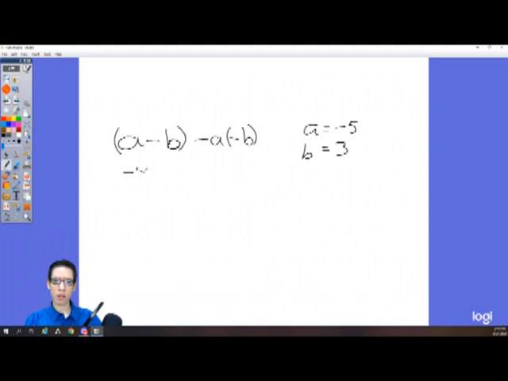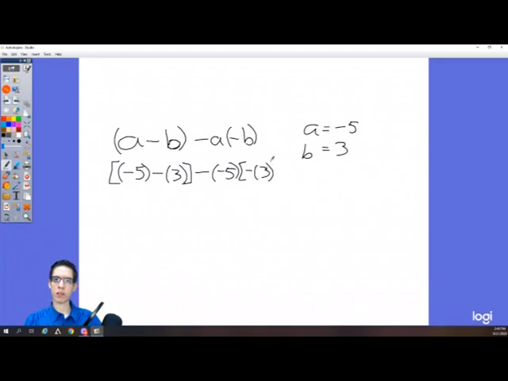And again, I'm going to try to be careful here when I'm plugging things in to use parentheses. I'm going to upgrade this parentheses to a bracket just to keep things clear here. Then we're going to plug this in like that, minus negative 5. And then here, negative, again going to use a bracket to make that clear.